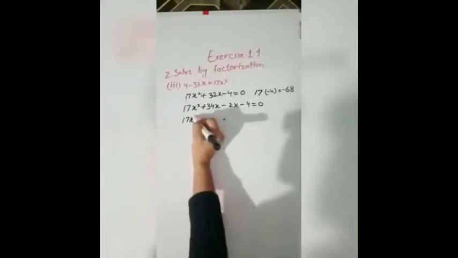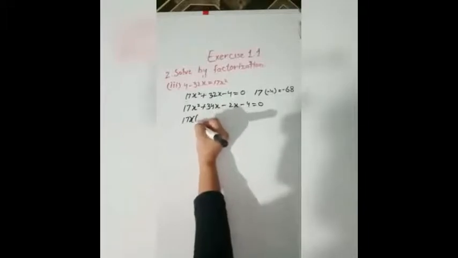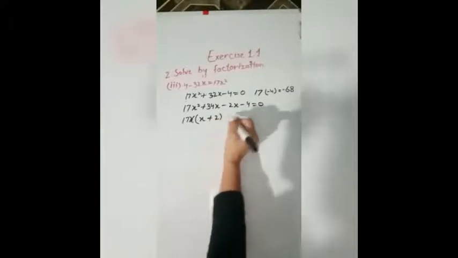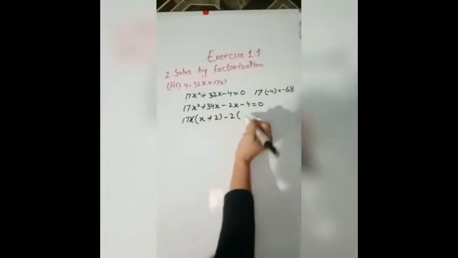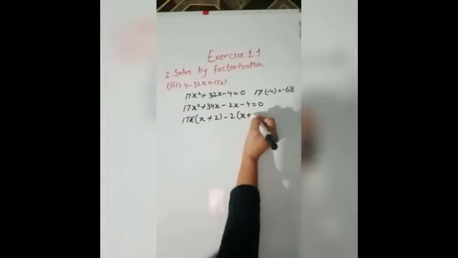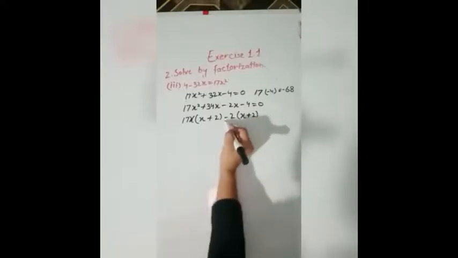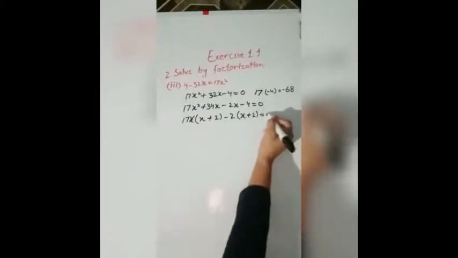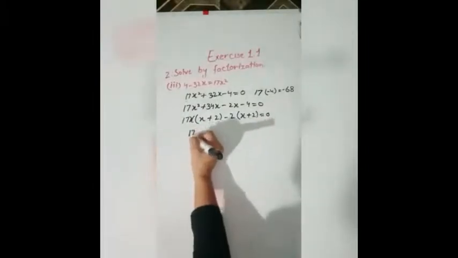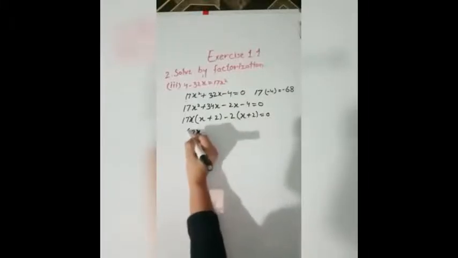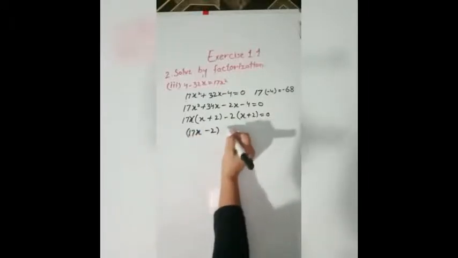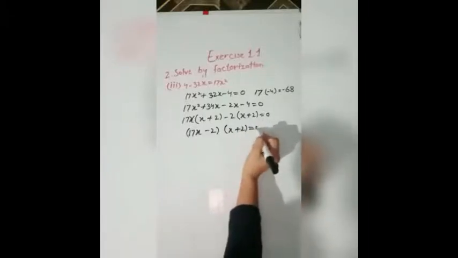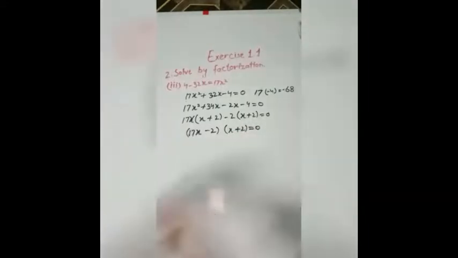Taking 17x common, we get x plus 2, minus 2 common, so x plus 2. Now we write factors 17x minus 2 and x plus 2. Here we got the same factors, so our factorization is correct.